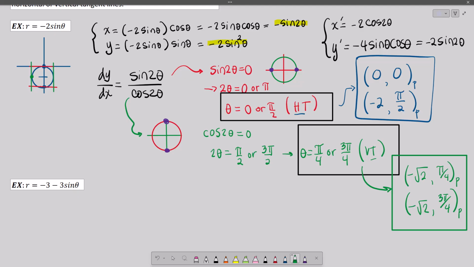That distance right there is root 2, which makes perfect sense because this is negative 1, negative 1, so the diagonal of a 1 by 1 square is root 2. And then similarly, if we go to 3 pi over 4, which is in quadrant 2, then we have to go backwards root 2, which is going to put us right there. Okay?